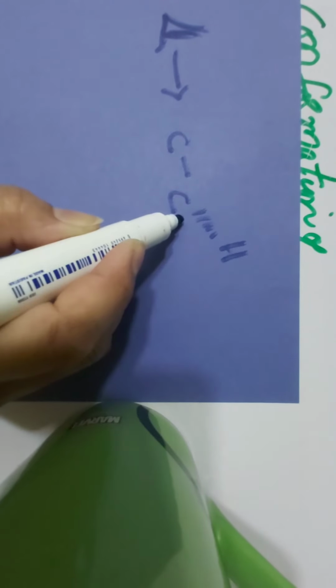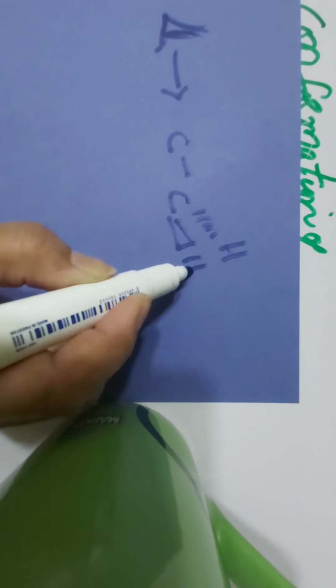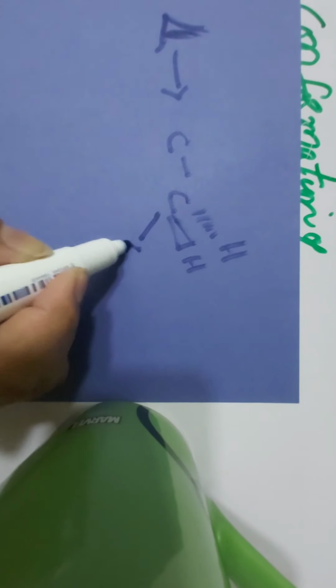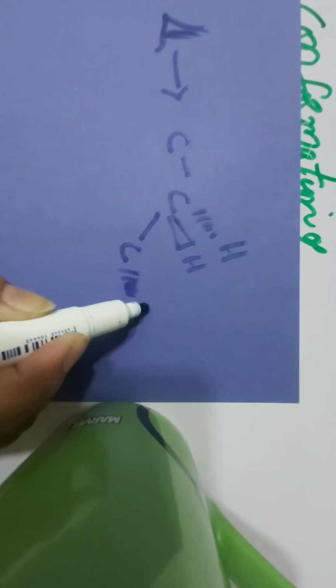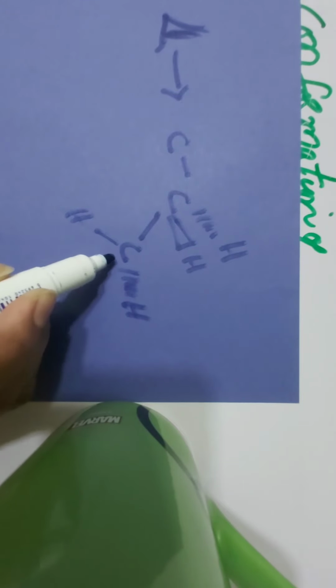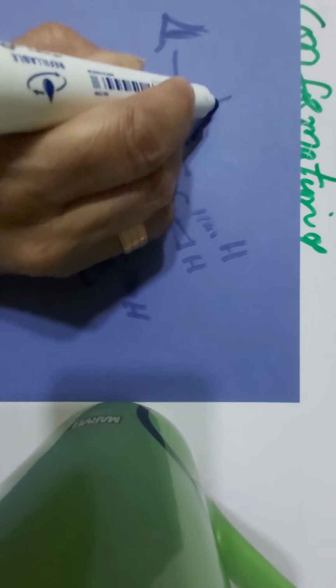If a viewer is looking from here, this is an eye, a viewer is looking towards the compound called propane, what would it be like: carbon with a dash bond, solid wedge, and of course again attached to another carbon that has got a hydrogen, and again a hydrogen that is in the plane of the page, and a solid wedge, and then this carbon with a solid wedge, a hydrogen, and of course a hydrogen.